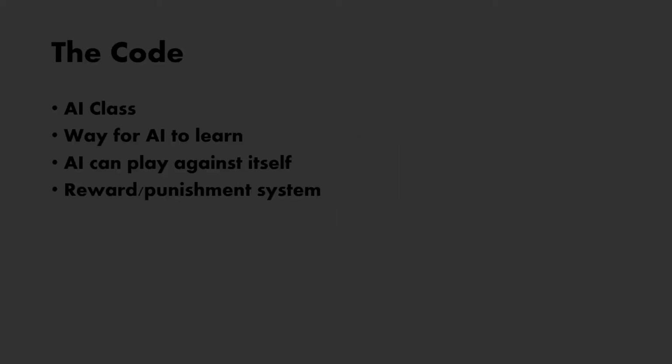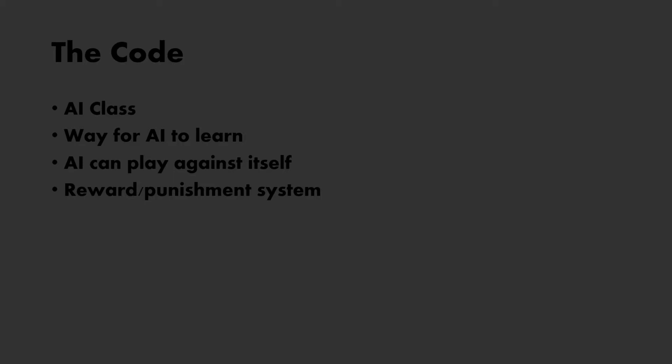So the way we're going to do this is we'll have an AI class, so we can create two different AIs which can play against each other and learn from what moves they make and how good those moves are. So we're going to need a way for the AI to learn, and we will do this through a reward and punishment system. This means that when an AI makes a bad move, which may cause it to lose the game, it will be punished.